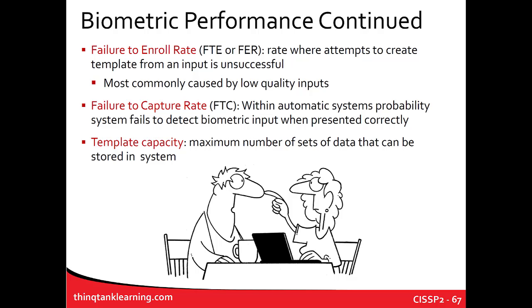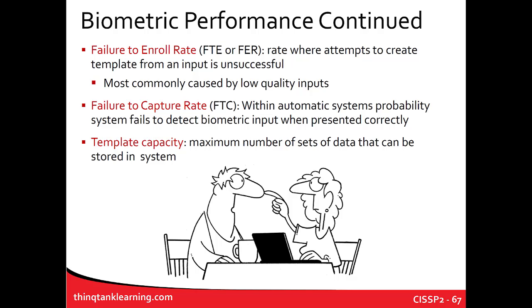And then we finally have template capacity. What is the maximum number of biometric templates that the system can store? This is pretty critical for things like scalability, especially if you have a large enterprise and a multi-tenant environment. It can also impact the performance of the system, the retrieval speed of the system, and so on.